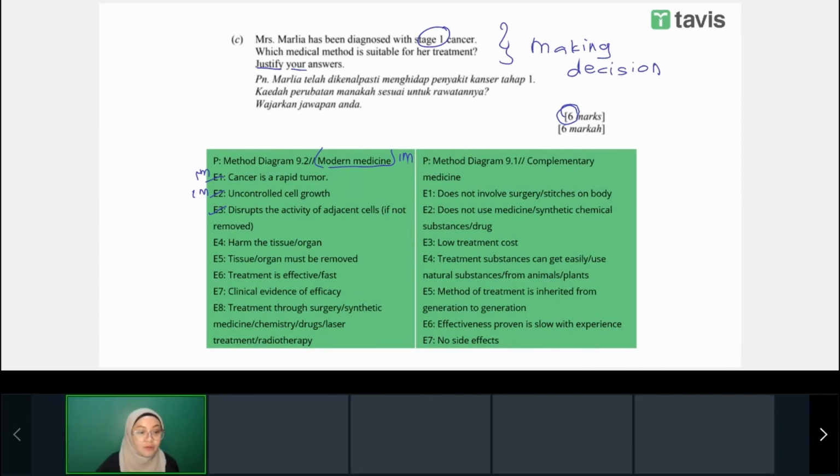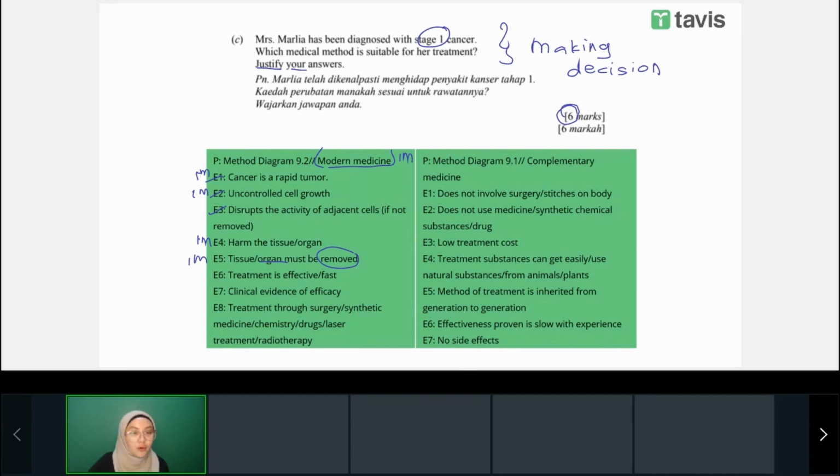Just provide five reasons. You know that cancer may harm the tissue, may harm the organ. It will affect the adjacent cells. So the tissue and organ affected by the cancer cell will need to be removed. So another reason.